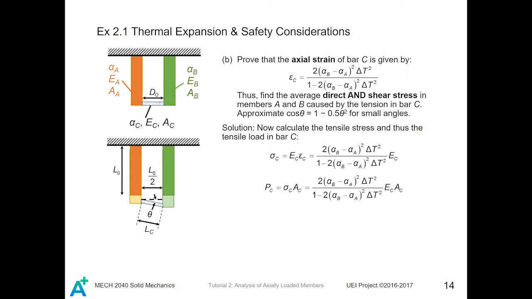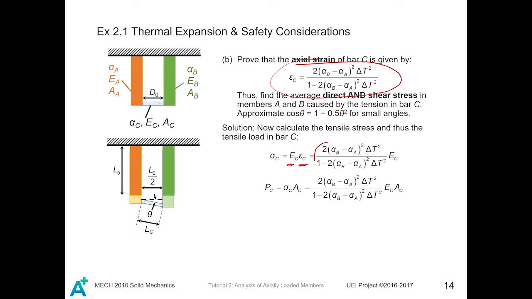Next, we try to calculate the tensile stress and the tensile load in bar C. Notice that we have already got the axial strain. Then we can find the tensile stress and tensile load by using the Young's modulus times the axial strain.